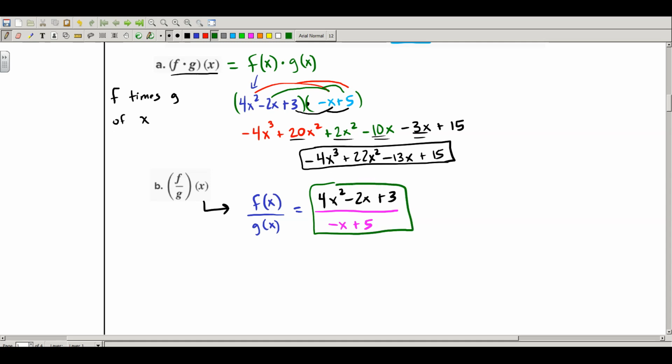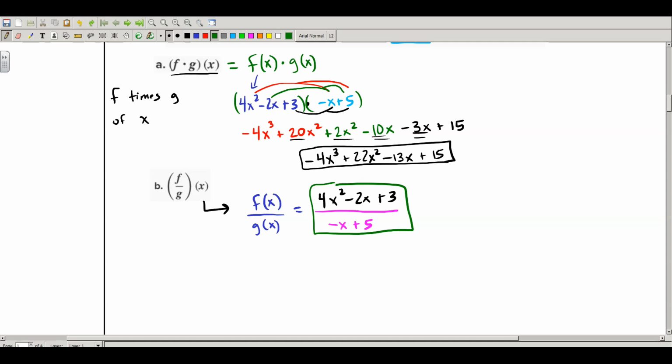Now, you might be wondering, we just learned how to divide polynomials, right? So we could try to do some long division here and actually divide negative x plus 5 into this. We've already done that. We've done long division. We've done synthetic division. We could see if that top one factored, so we can cancel something off. In this case, we're just going to leave it in this form.